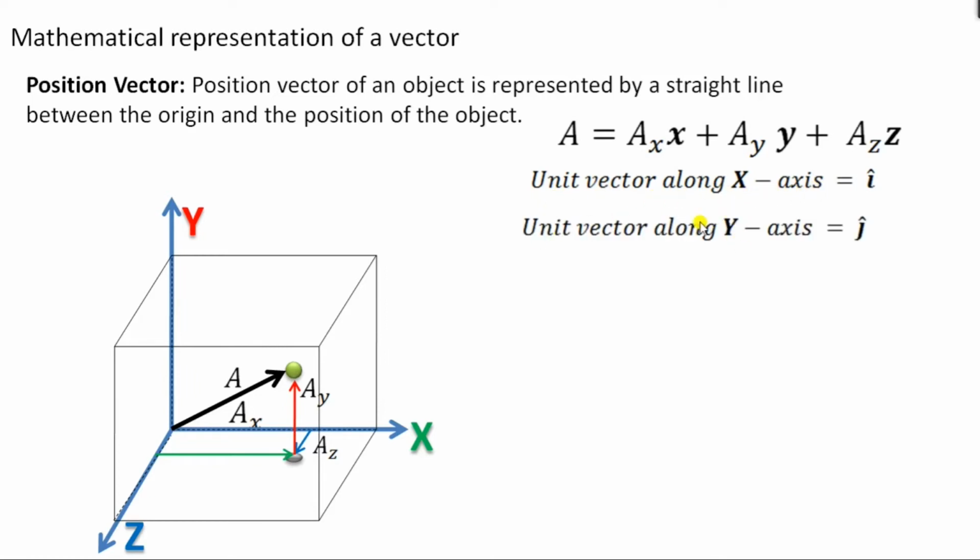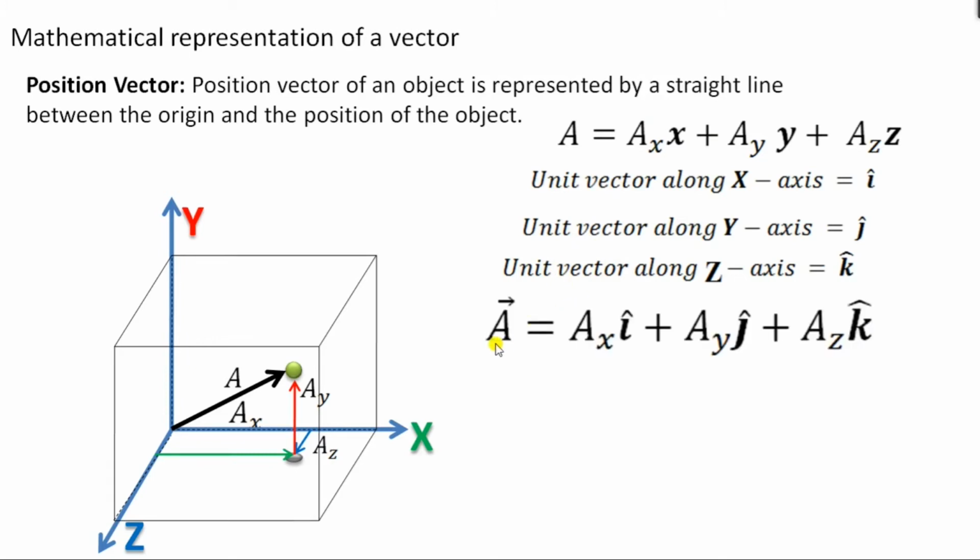Similarly, I can represent the direction towards y with j cap. Similarly, we represent the direction towards the z axis by a unit vector k cap. So now I can write this expression in the form of a vector: A vector is equal to ax i cap plus ay j cap plus az k cap.